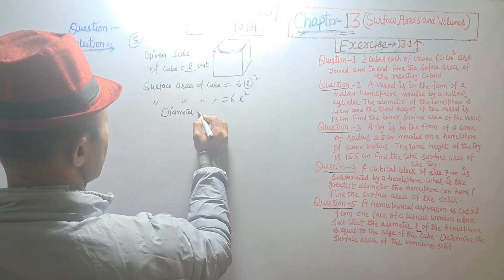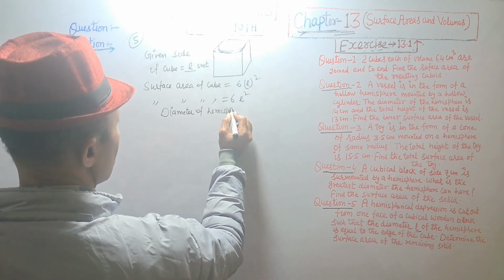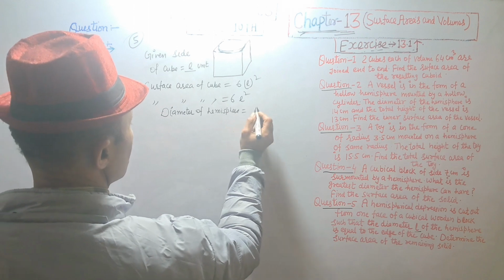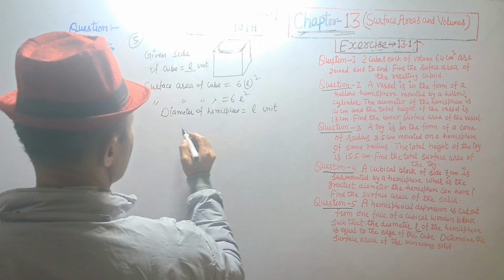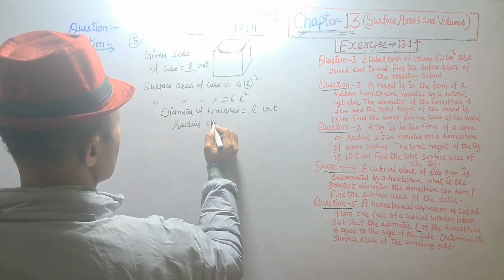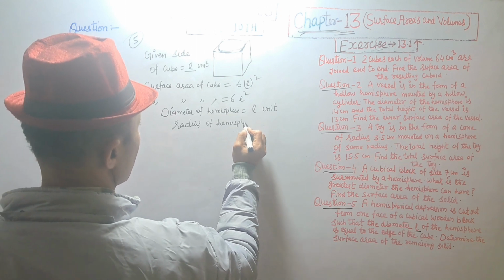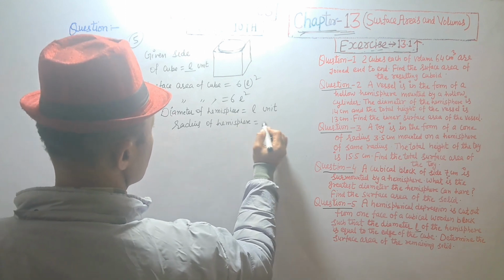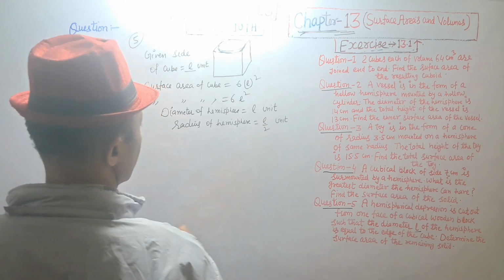Diameter of hemisphere is equal to L unit. Radius of hemisphere is equal to L upon 2 unit.